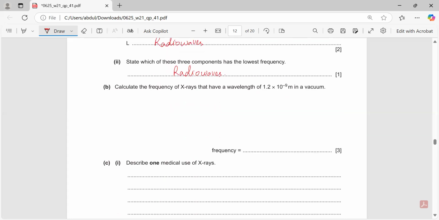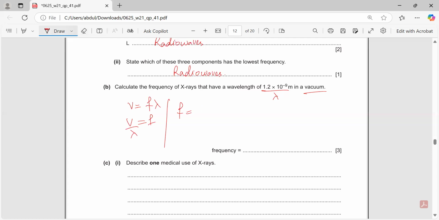Calculate the frequency of X-rays that have a wavelength of 1.2 times 10 to the power minus 9 meters in vacuum. v is equal to f lambda. f will be equal to v over lambda. X-rays, like all parts of the electromagnetic spectrum, move with the speed of light in air as well as in vacuum, and here we are dealing in vacuum.